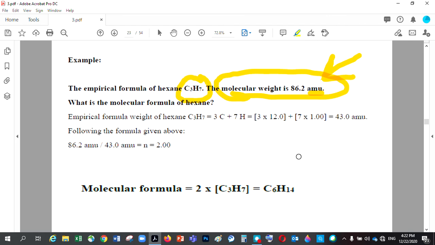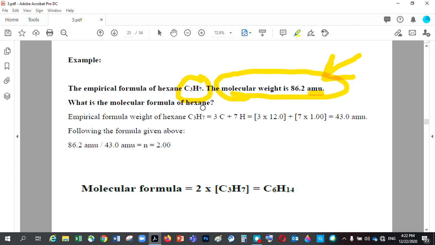What is the molecular formula of hexane? Hex means 6, so carbon has to be 6, because hexane is an alkane, if you recall. And I can give you an advance: it is C6H14, correct? That's hexane from Survey of Chemistry 2, if you recall.